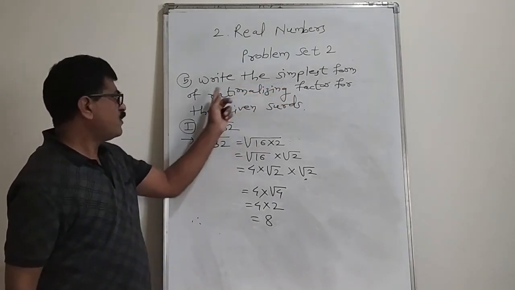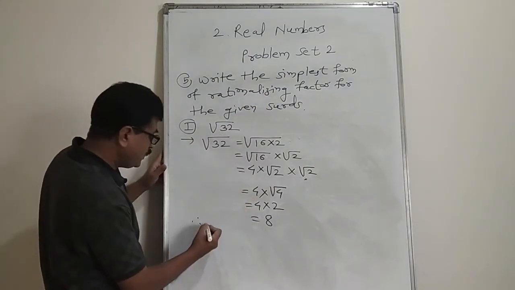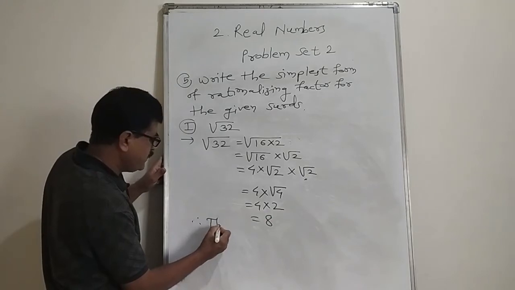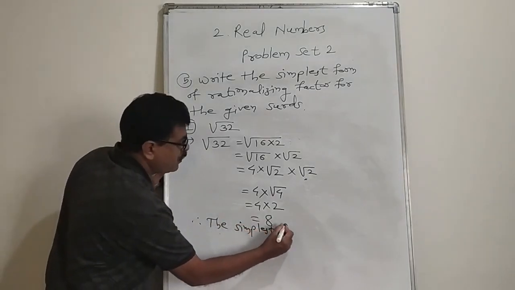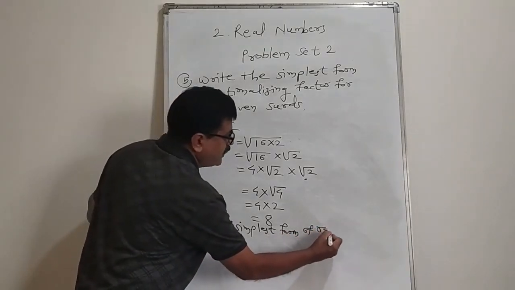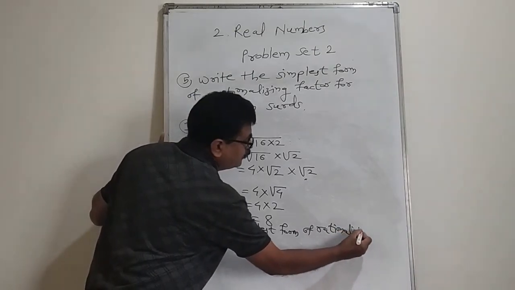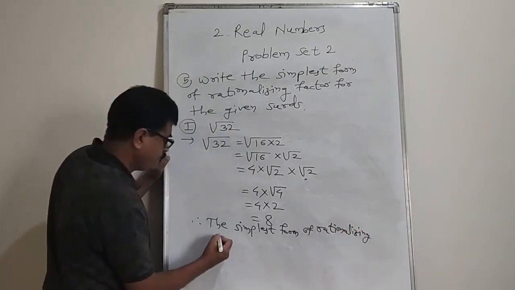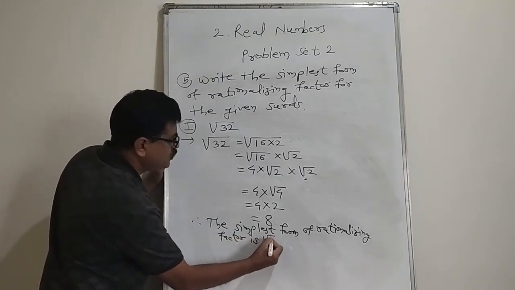The simplest form of rationalizing factor is square root 2.